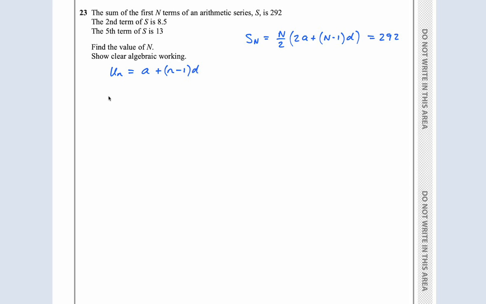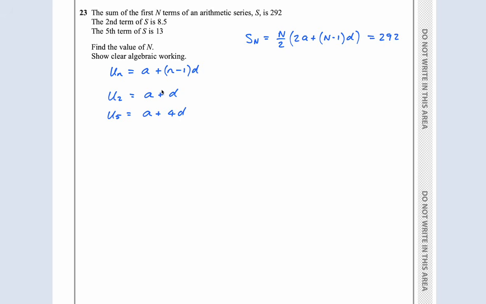That means the second term, u2, is a plus 2 minus 1 d, which is just a plus d. That makes sense, because to get to the second term, you just add the difference to the first term. u5 is then a plus 5 minus 1, which is a plus 4d. That also makes sense, because to get to the fifth term, you have to add 4 d's.